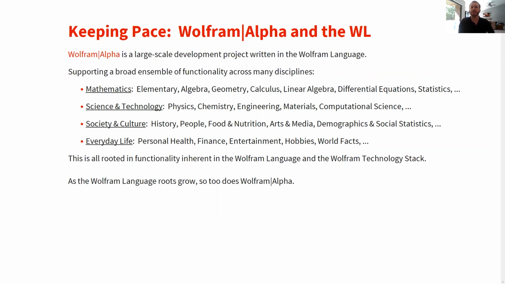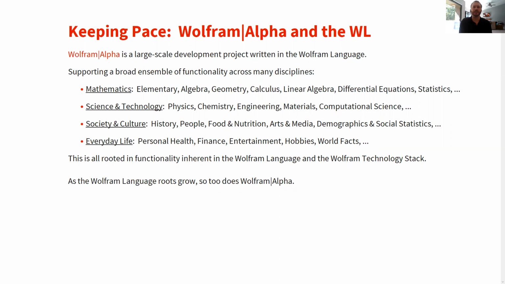It supports a broad ensemble of functionality across many disciplines, from many facets of math, elementary mathematics, algebra, geometry, calculus, linear algebra, differential equations, ODEs and PDEs, statistics, etc. All of the various versions of applied math, for example, science and technology, physics, chemistry, engineering, materials, computational science, and then other aspects of life that most normal humans care about, society and cultural facts, everyday life, data pertaining to those things, etc. All of this is rooted in the Wolfram language and the broader Wolfram technology stack.